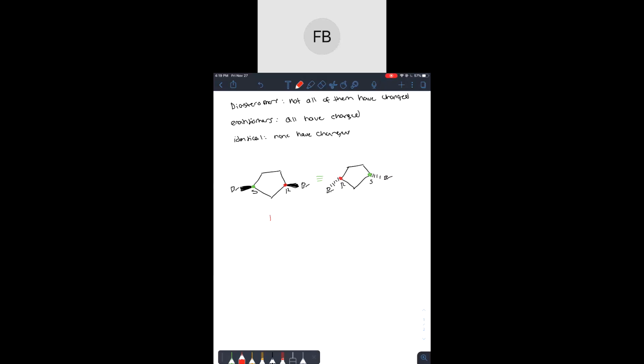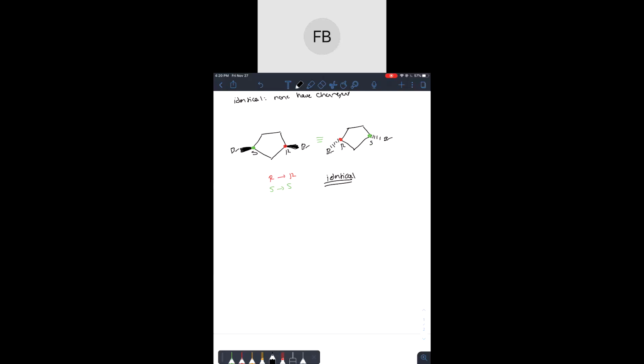So it went from R to R, so that's the same, and S to S. So both of them stayed exactly the same. And therefore it is identical, right? Do you have any questions about this? And this is only for things with a plane of symmetry.